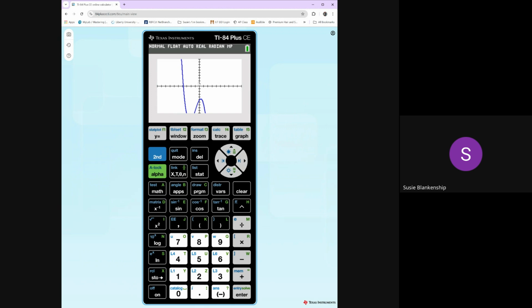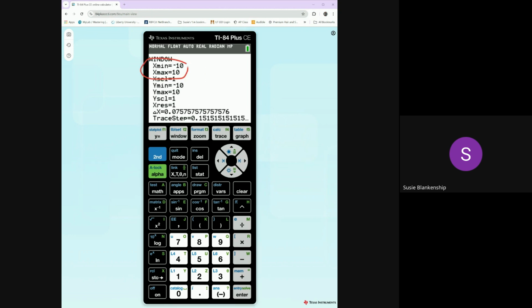I want you to think of what's going up and down here. Up this way is your y-axis. This is your x-axis. When you hit window, that's that x and y axis. So here, this is domain. Y is range.